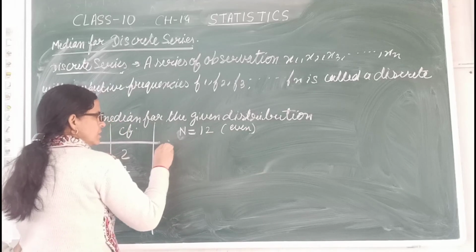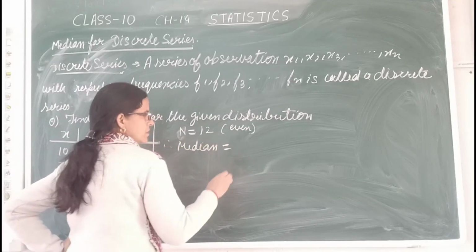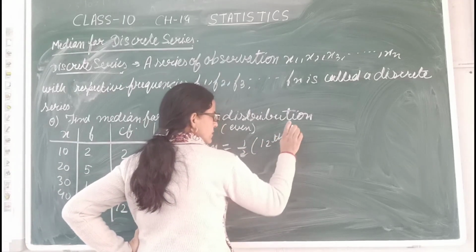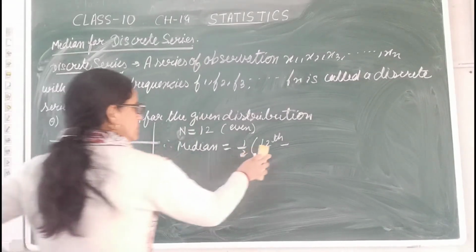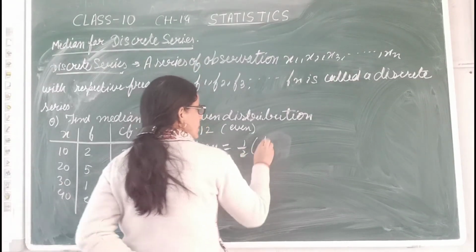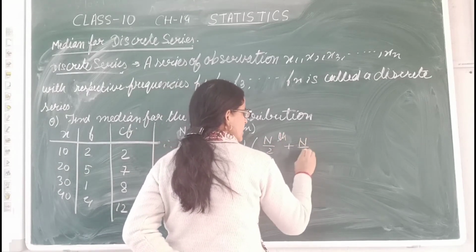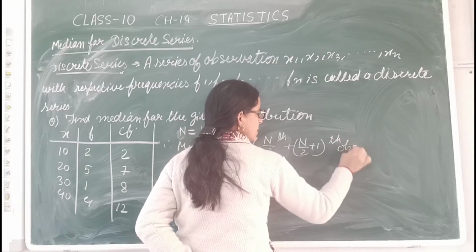Therefore, median equals half of, better first write the formula: half of the N by 2th plus the N by 2 plus 1th observation.